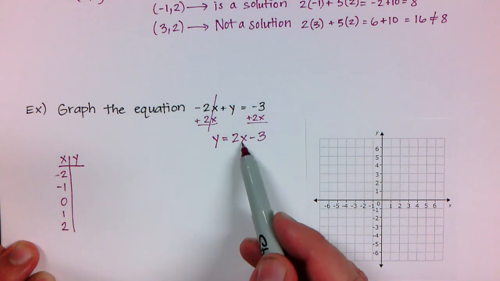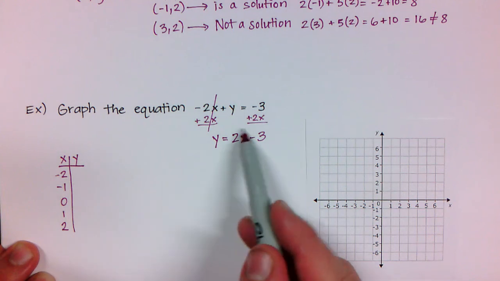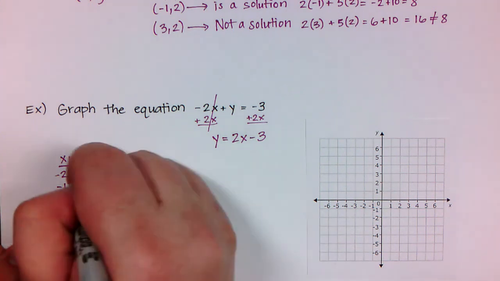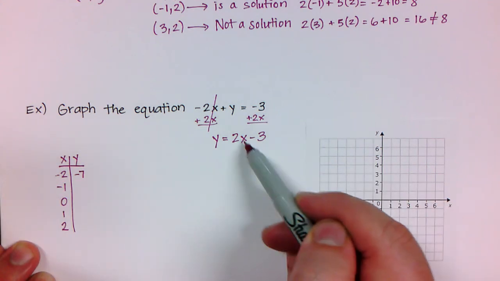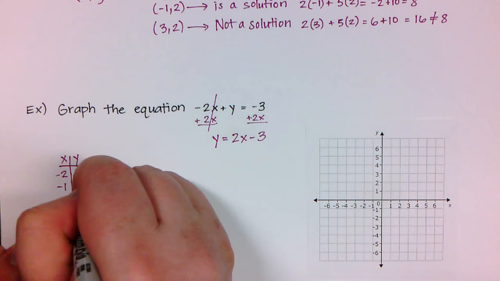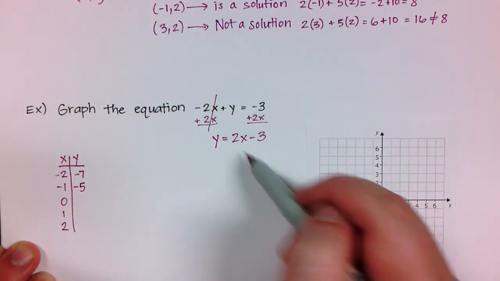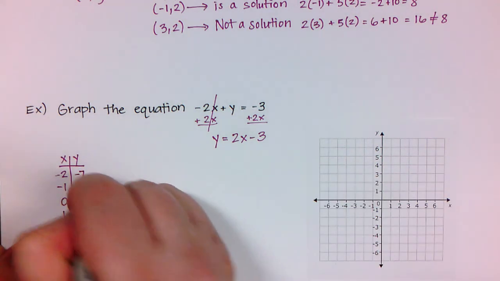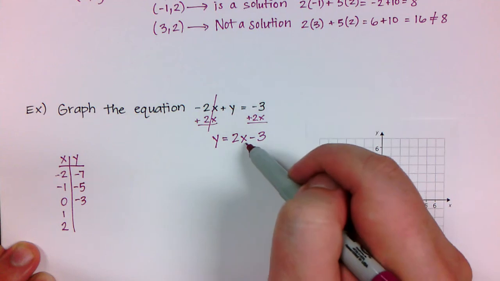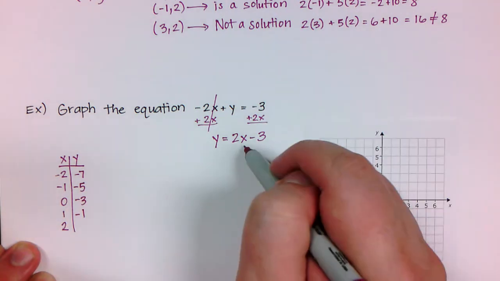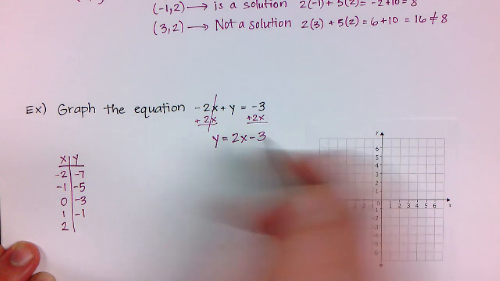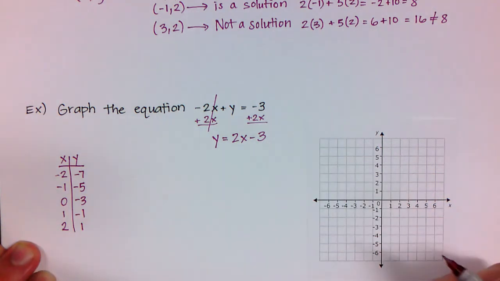When I plug -2 into my equation, I get -4 minus 3, which is -7. When I plug in -1, I get -2 minus 3, which is -5. When I plug in 0, I get 0 minus 3, that's -3. Plug in 1, that's 2 minus 3, which is -1. And plug in 2, that's 4 minus 3, which is +1.